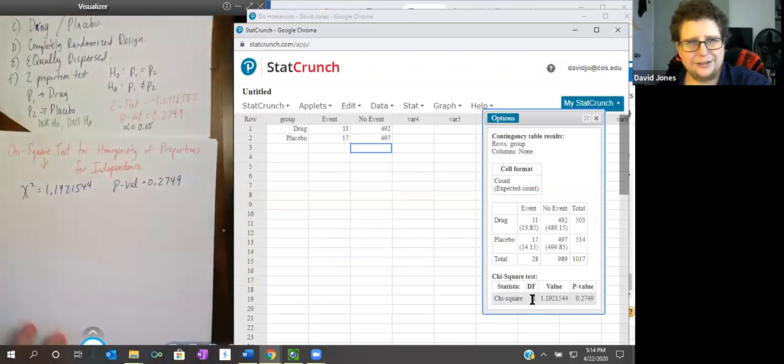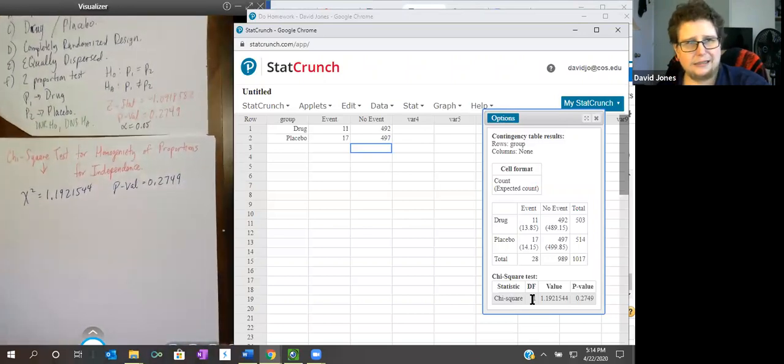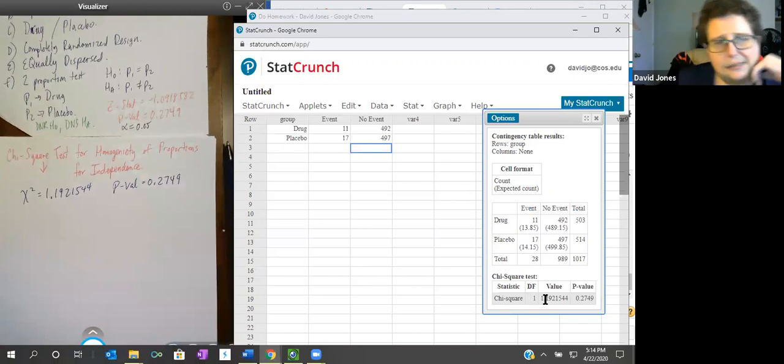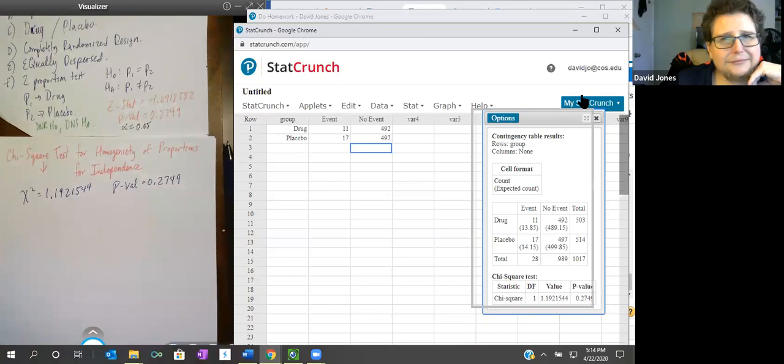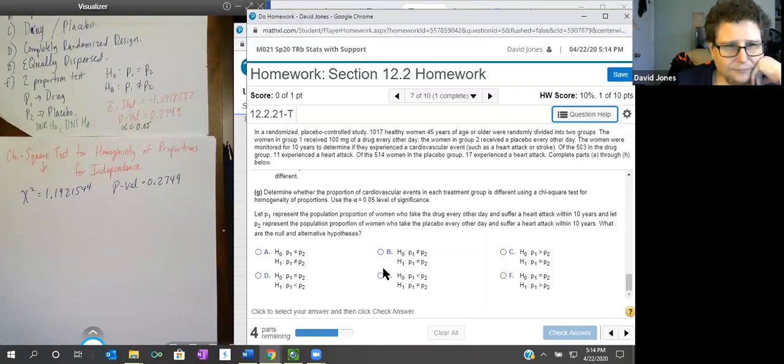You guys see the p-value is the same? Is that coincidence? I wonder. What is it doing here? And neither of those are the same thing.